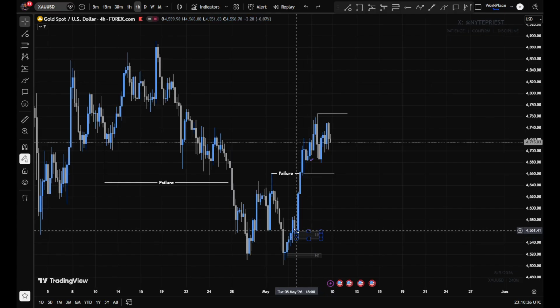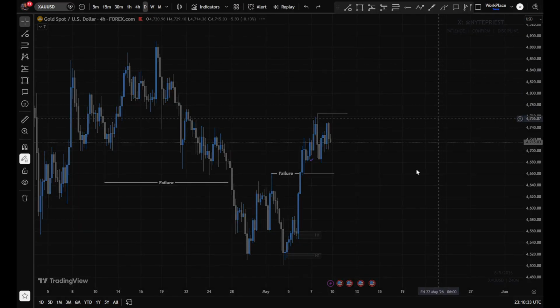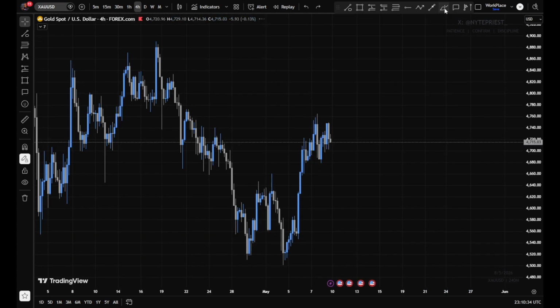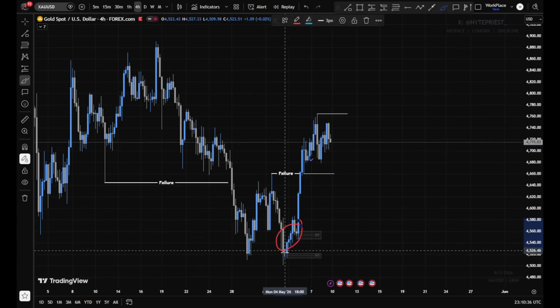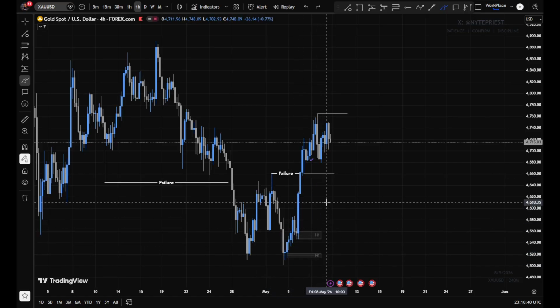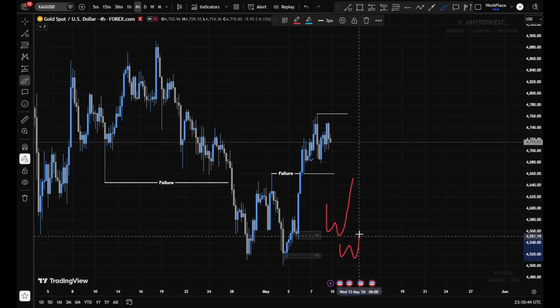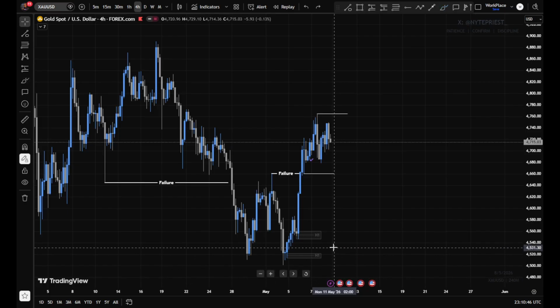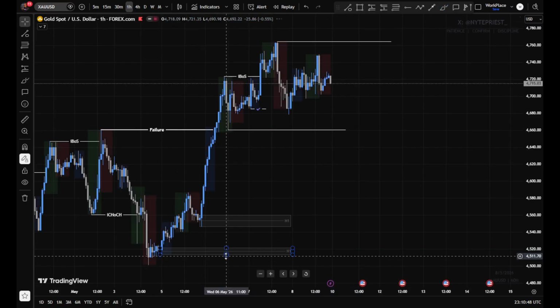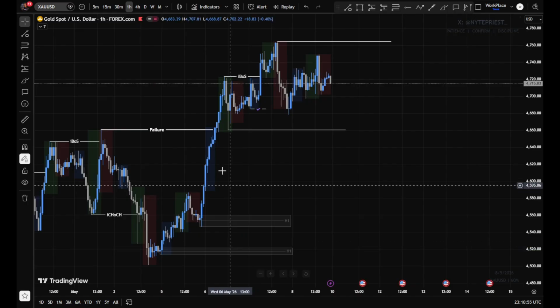So we're having this H4 zone here, and then another H4 zone here, which are all ideal for a buy. Okay, all right. So on the 1 hour time frame, we are bullish.